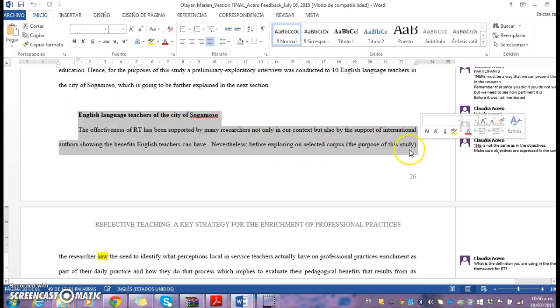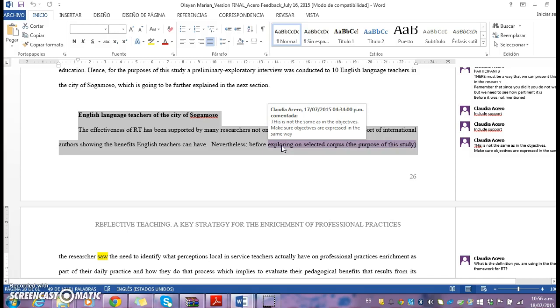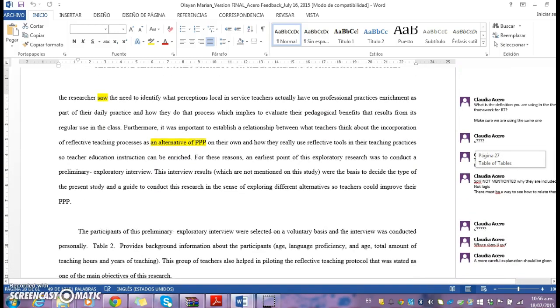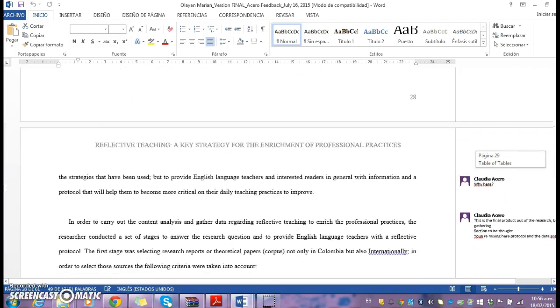It's probably a diagnosis that you wanted to do with teachers before, and I think that is the way it has to be presented: initially you gathered certain information with some teachers to see their beliefs about reflective teaching, and based on that you decided to do the study. Otherwise it will be very, very confusing.